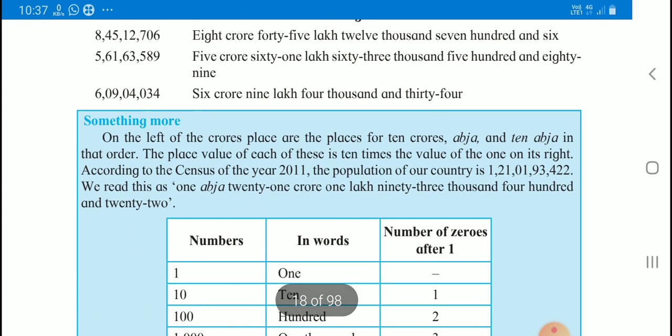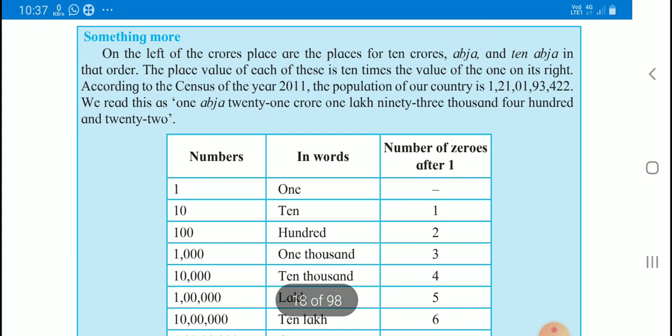Now they have given something more in the box. On the left of the crores place are the places for 10 crores, that is known as abja, and 10 abja, in that order. The place value of each of these is 10 times the value of the one to its right.